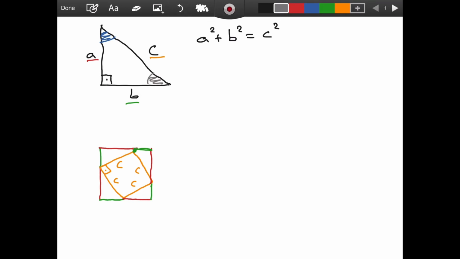So blue was between A and C, which means this angle is the blue angle. And we'll look at the gray angle and see it is between B and C this time. The blue was between A and C, and the gray is between B and C. So that is just going to be this part, right? And since these angles should add up to 180 degrees.